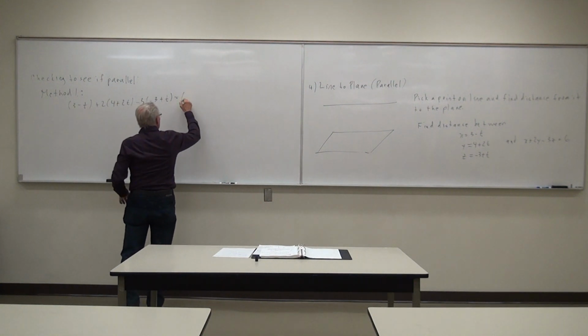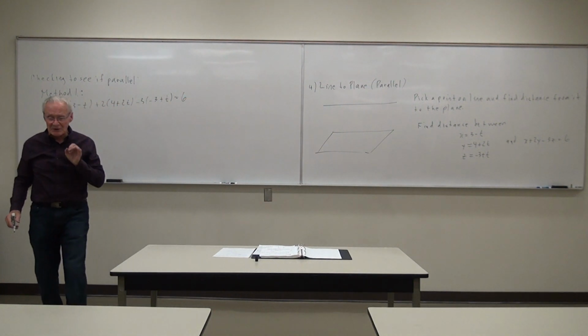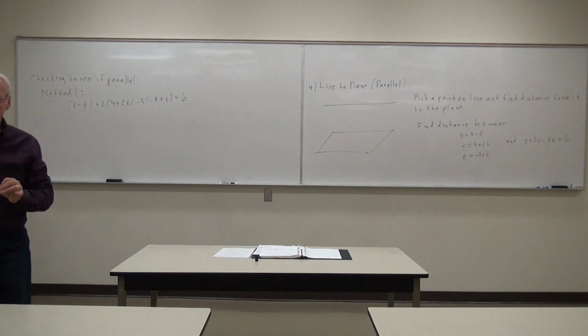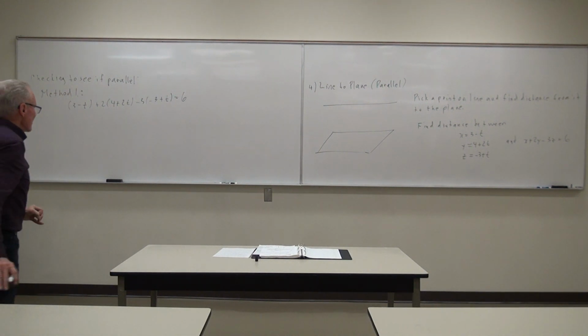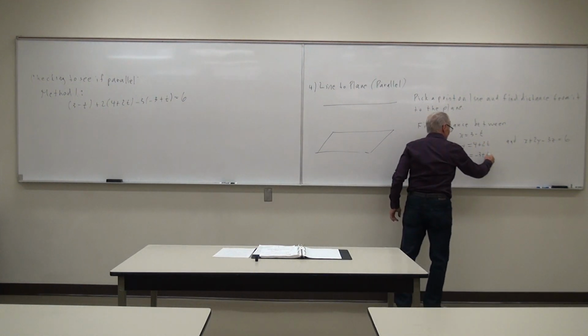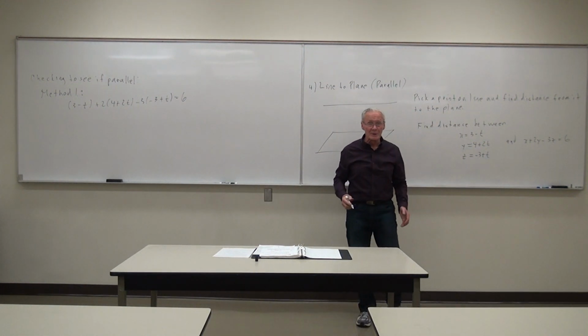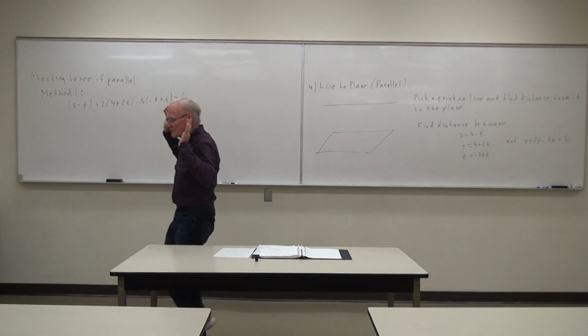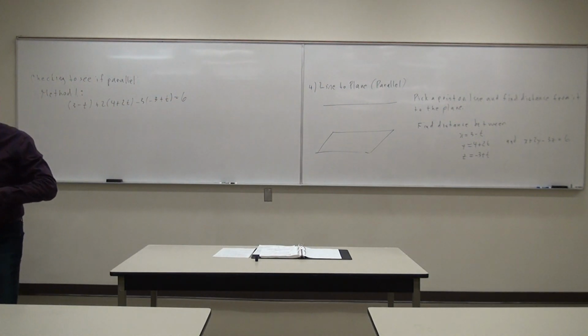If I can solve this for t, then I have proved that they intersect, and the point would be: take that t, put it in here, here, and here, and you would have the point of intersection. If I cannot solve this for t, then they do not intersect.